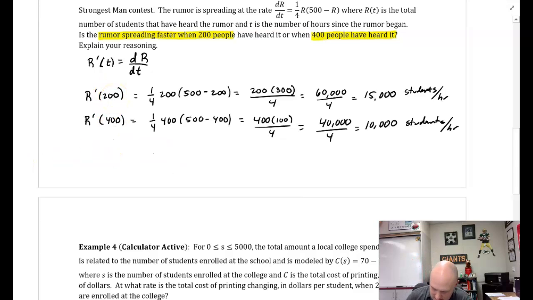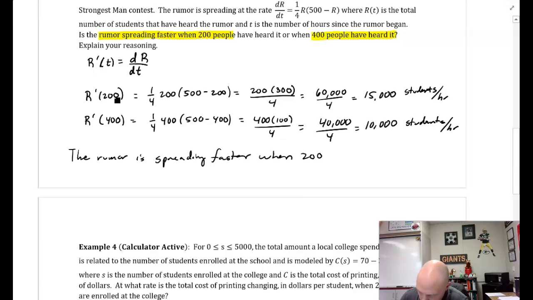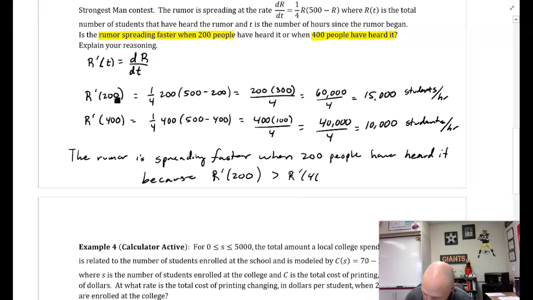So we're going to go ahead and say the rumor is spreading faster when 200 people have heard it. And our justification is because r prime of 200 is greater than r prime of 400.